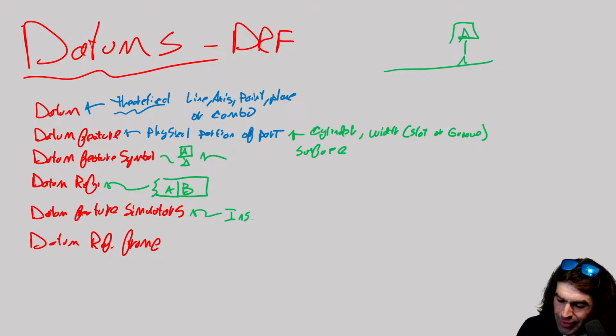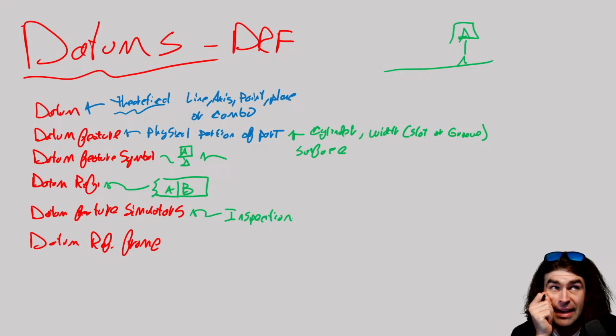Datum feature simulators: between 2009, 2018, and 1994, they've changed the definitions a little bit. So in 2009, there were theoretical datum simulators and physical datum simulators. I don't really care. I just call it datum feature simulators.